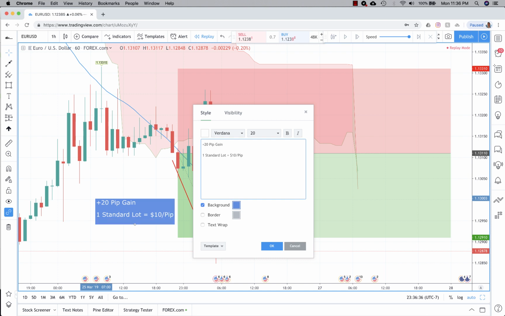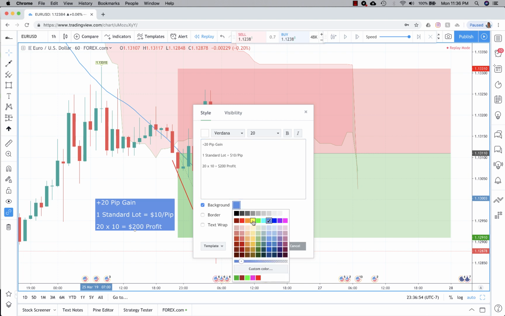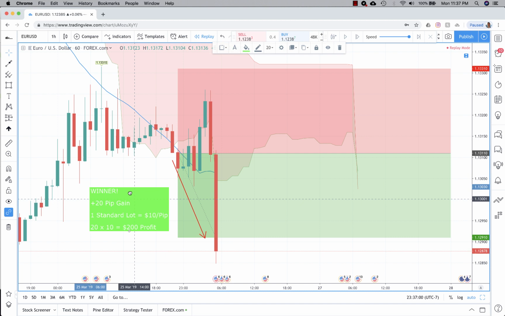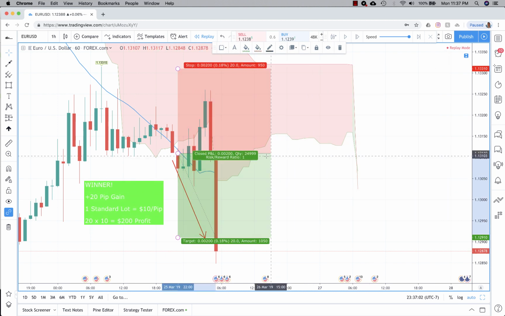So we made a 20 pip gain on that, and 20 times $10 equals $200. So if you took that trade, you would have made a $200 profit on it. Winner. So there's one trade. Let's look for the next one.